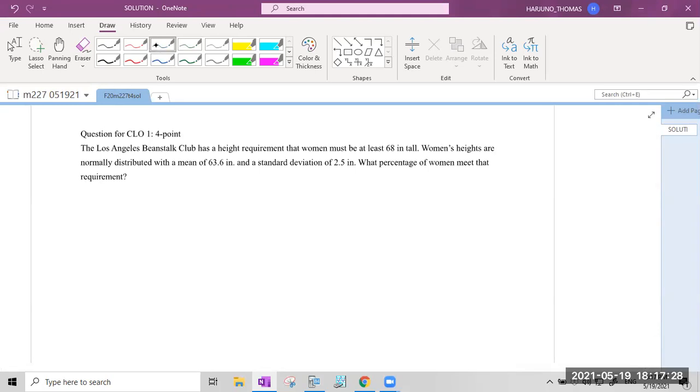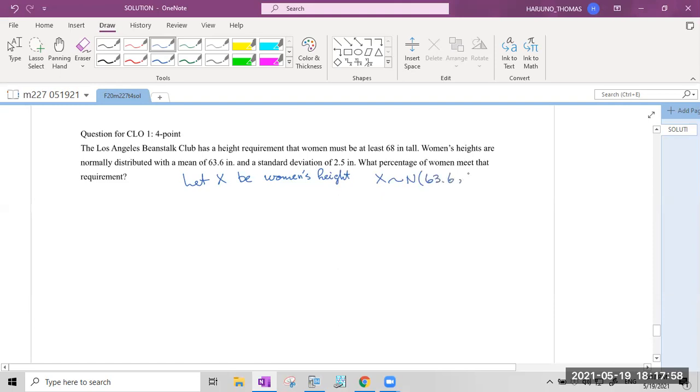The Los Angeles Beanstalk Club has a height requirement that women must be at least 68 inches tall. Now women's heights are normally distributed, so let X be women's height. This X is normally distributed with mean 63.6 inches, standard deviation 2.5.